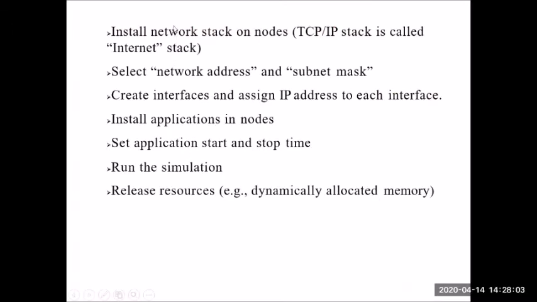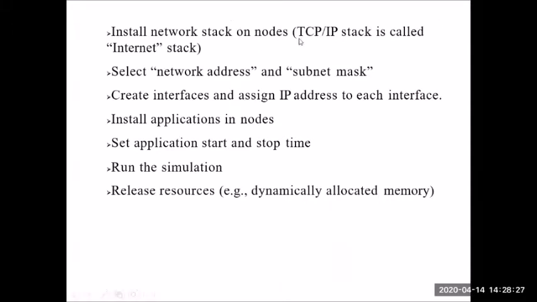Next, we have to put the protocol stack on all the devices. So remember, we are going to have multiple nodes. Say if I have two nodes, on both the nodes I will install the TCP/IP protocol stack. Remember, the protocol stack will include the MAC layer, the network layer, and the transport layer.